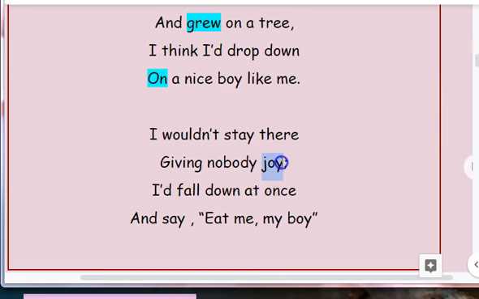If he is an apple, he falls down to give another person to eat. Yes, that's right. I think I dropped down on a nice boy like me.